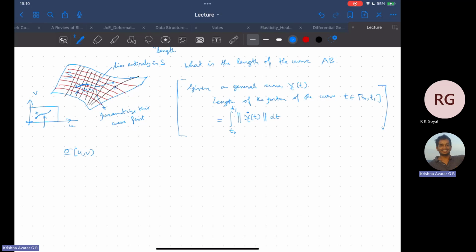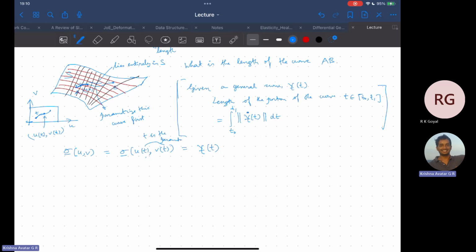So it's as if we are defining t from here and then moving along the curve here. Every point will be u of t comma v of t. So our parameterization is sigma of u of t, v of t. This is now a curve which we can call gamma of t. Now we can clearly see that the curve lying in the surface is a function of a deeper parameter. Ultimately, t is the only parameter.